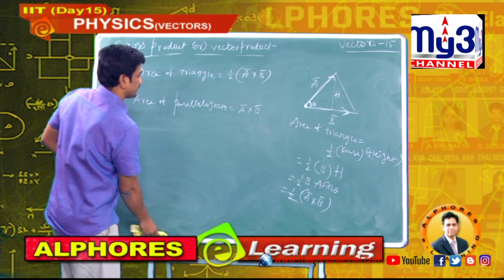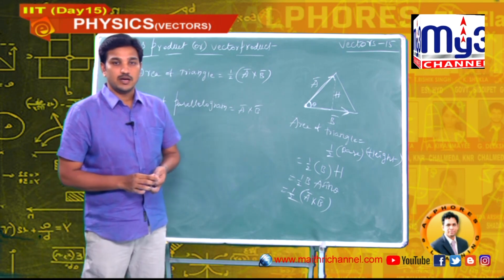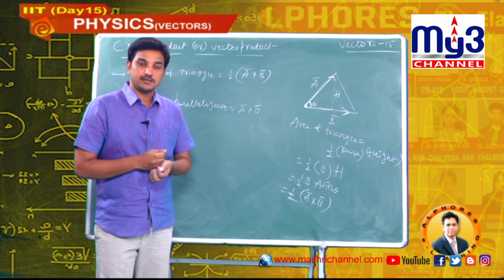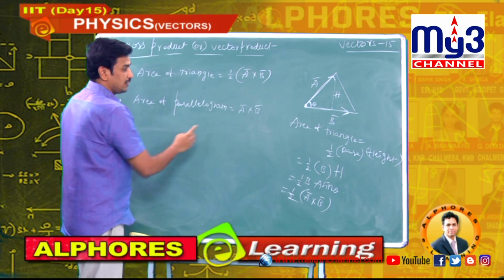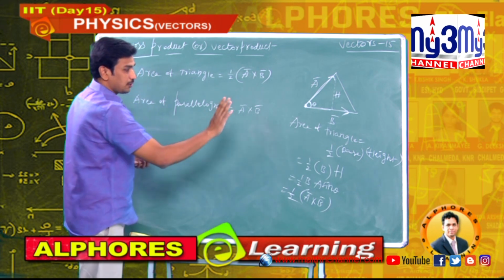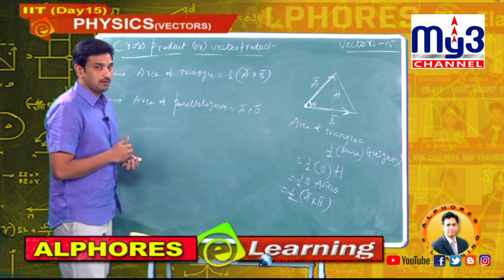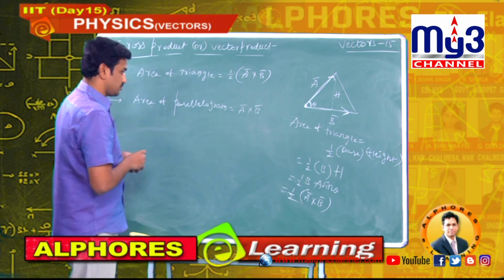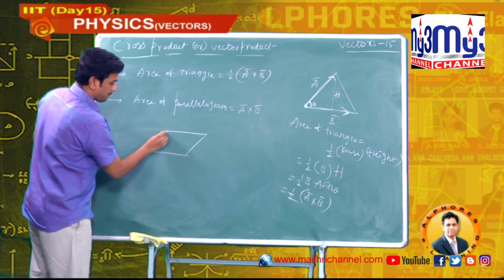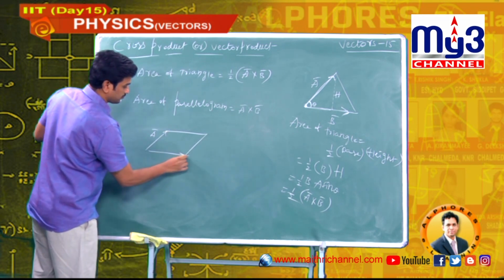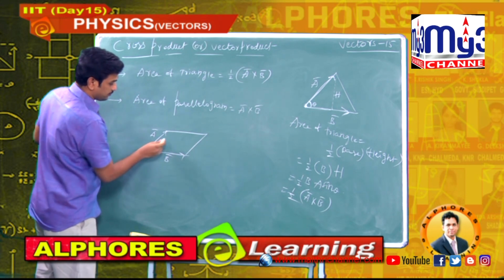See one more point. I will try to calculate the area of a parallelogram by using diagonals, not in terms of adjacent sides. A bar, B bar, adjacent sides of the parallelogram. Now the same formula I will try to find by using diagonals. A bar, B bar, angle between the two vectors theta.